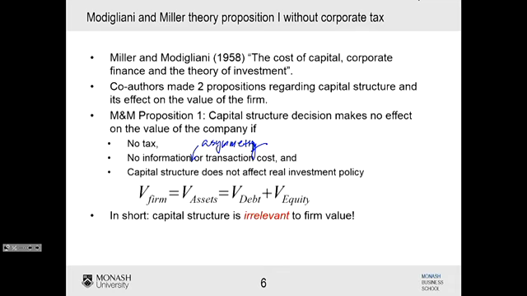And the third one is that the capital structure by itself could not change the real investment policy. If we're living in a world with the three conditions, then the capital structure doesn't really matter in deciding the firm value. So the capital structure is irrelevant to the firm value.